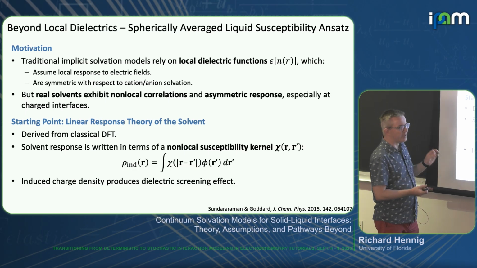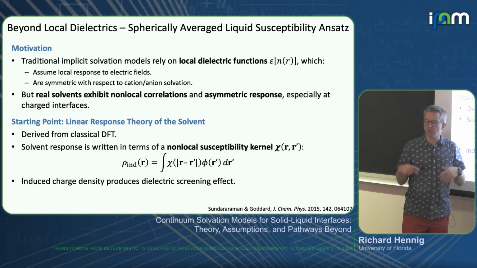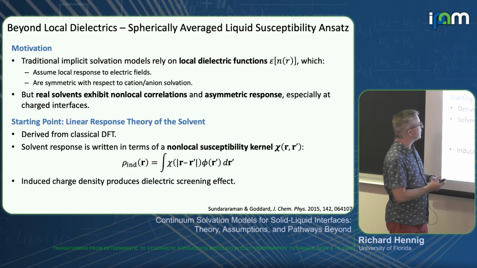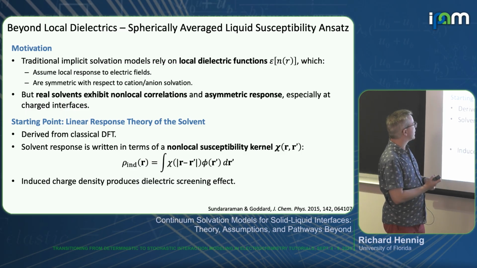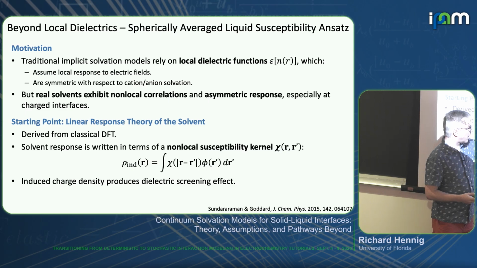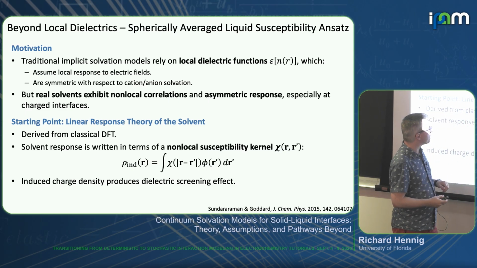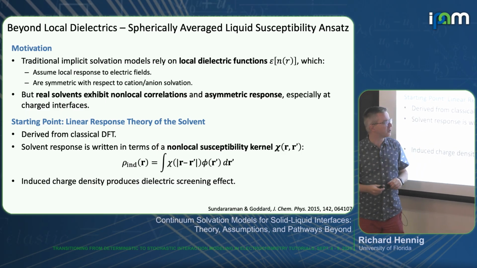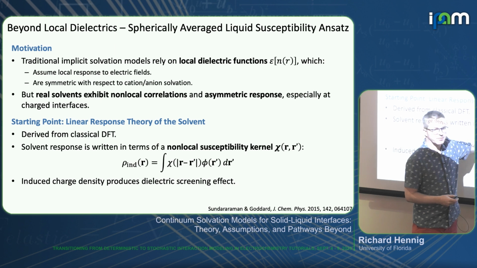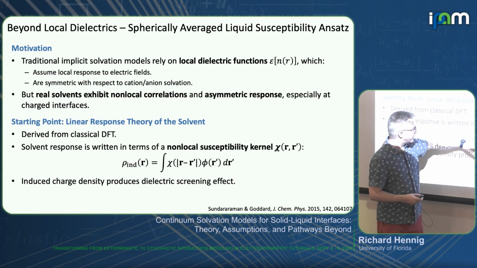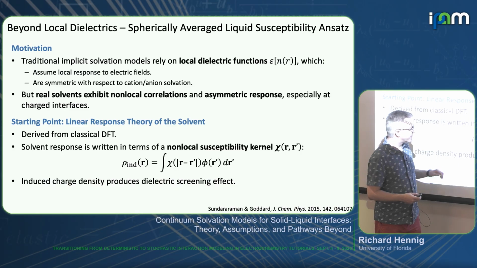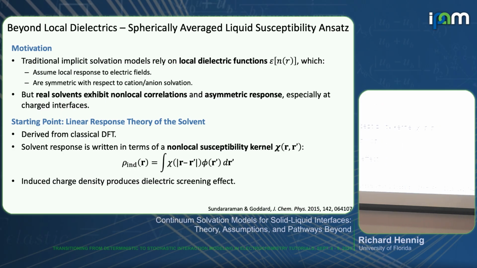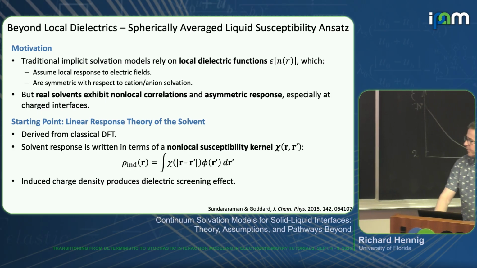The starting point they took, because remember their formulation used joint density functional theory, was to look at classical DFT and write out the solvent response, the induced charge in the solvent, as an integral over a non-local susceptibility kernel. Then they make an approximation for that susceptibility kernel and get an equation for that induced charge density. So that has a lot more flexibility in it, captures more of the physics, and produces a better dielectric screening effect.